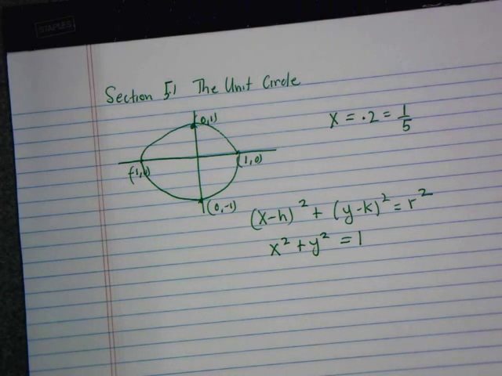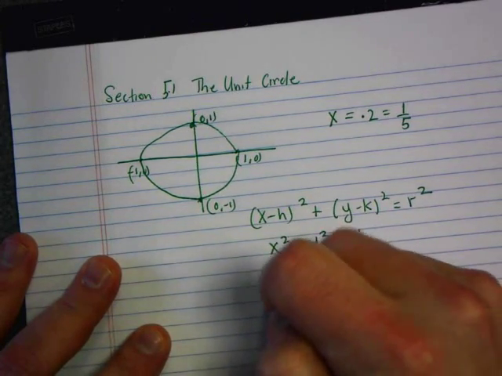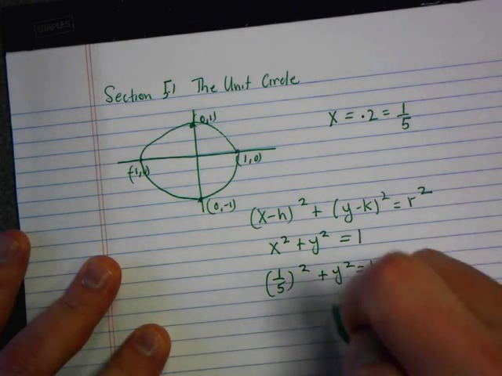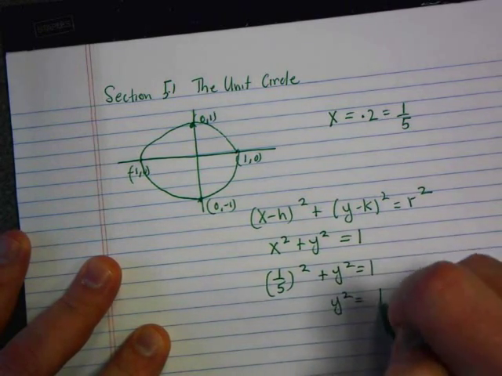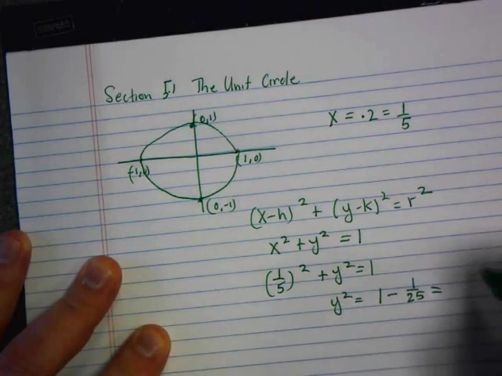If I know that x is 1/5, how can I find y? Plug in 1/5 and solve for y. Correct. So I have (1/5) squared plus y squared equals 1. So y squared is 1 minus 1/25, which is 24/25.